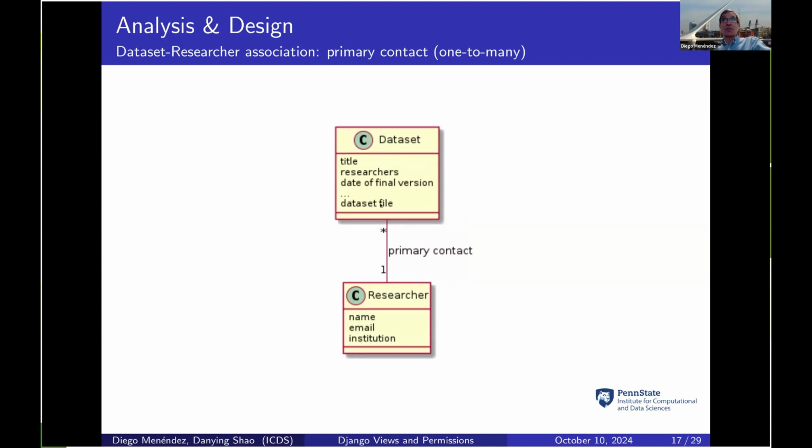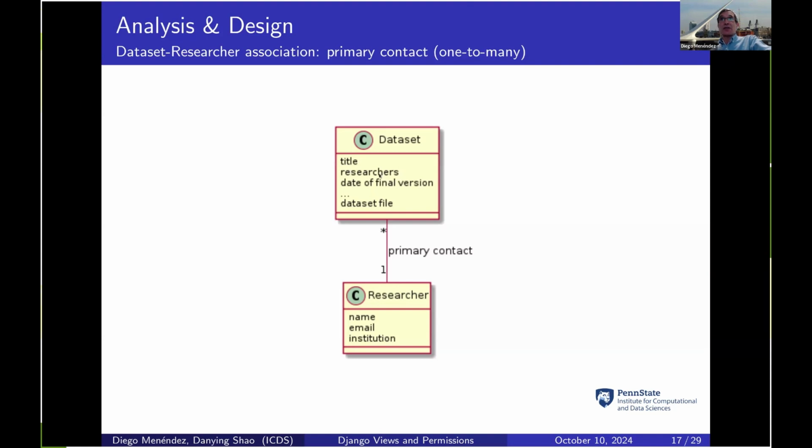So the same that we have seen before, that attribute is now represented in a class diagram for the conceptual model that we are going to work with as a primary contact, which is a one-to-many. Each researcher can be the primary contact of many datasets, but each dataset will have only one primary contact.